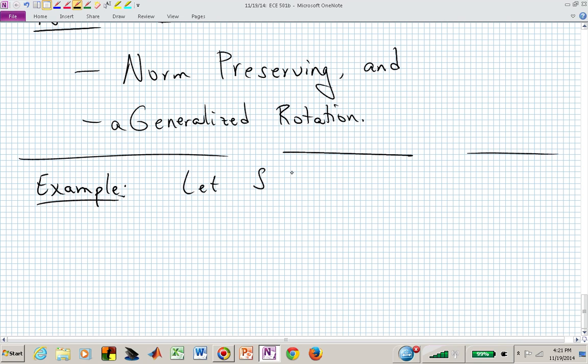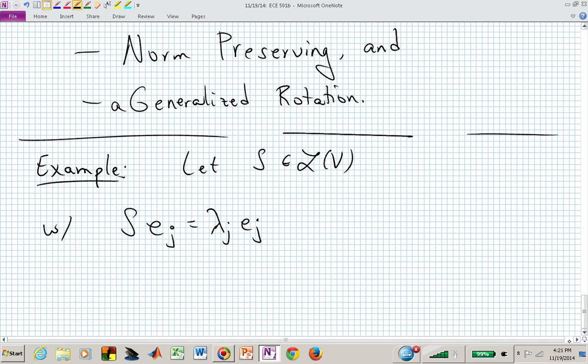Let S be a linear map on this inner product space V with S E sub j equaling lambda sub j E sub j, and these E sub j's are coming to us from a list where that list is an orthonormal basis.